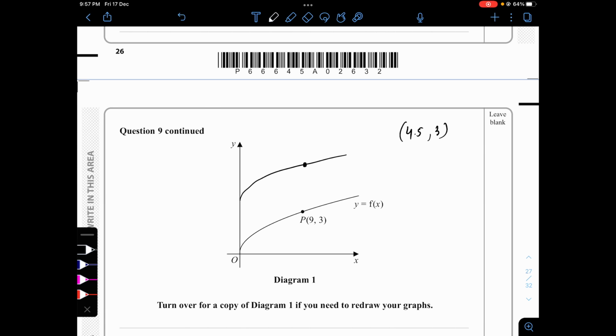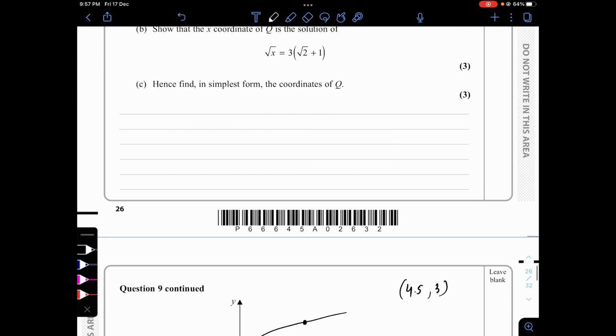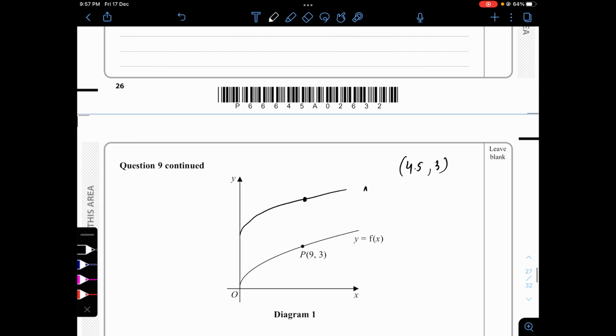This is our f of x plus 3, so y equals f of x plus 3. And the point P is 9, but now it's 6 because the y coordinate moved up. Now this is for f of 2x. We'll read the same point, but faster, like half of it.